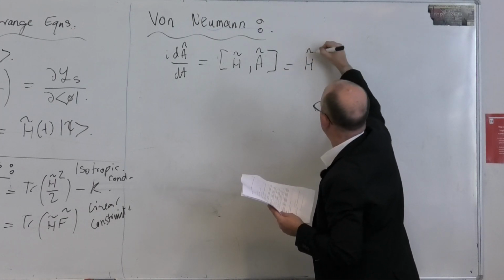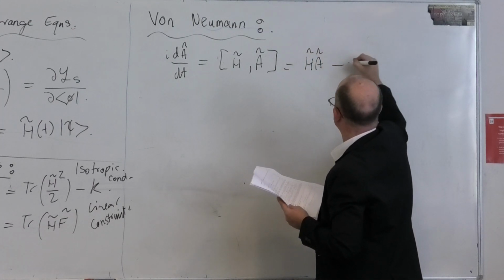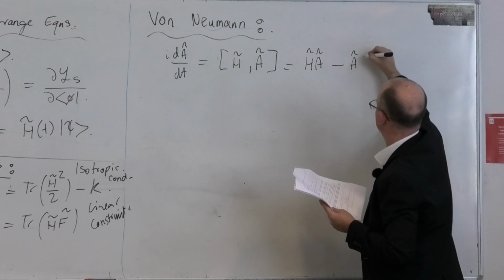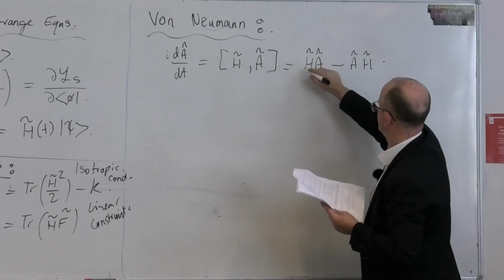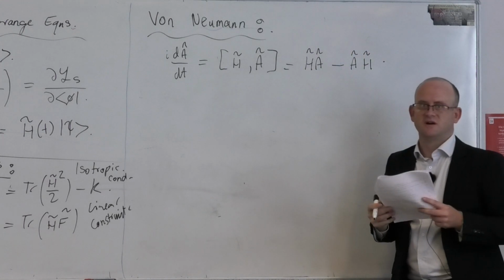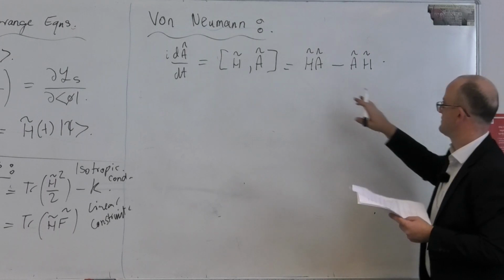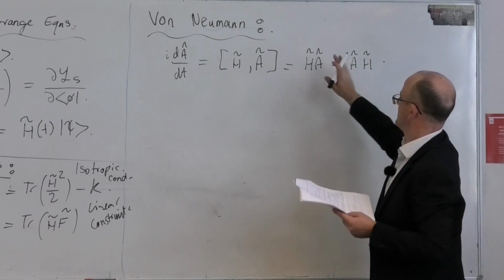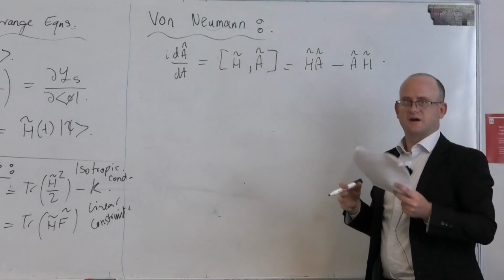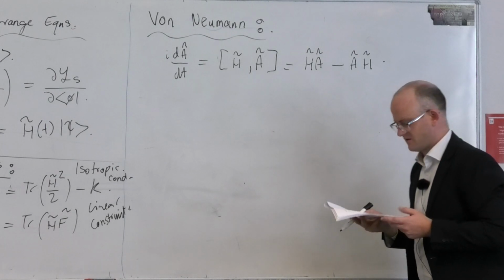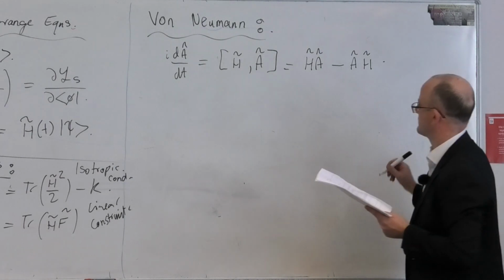Now, this bracket here all that means is the difference between h times a minus a times h. Because we're working with matrices, it's very important that the order of everything is kept. It can be a bit tedious, but we'll work with it.